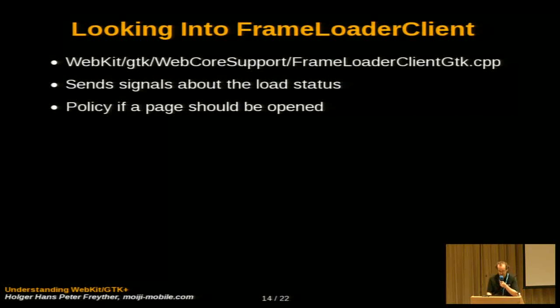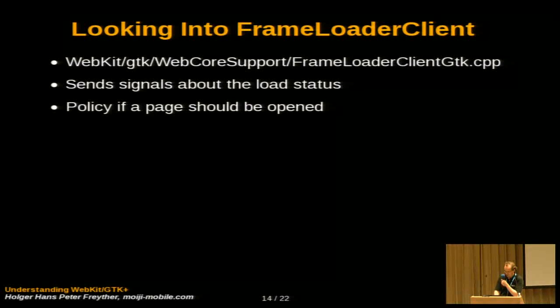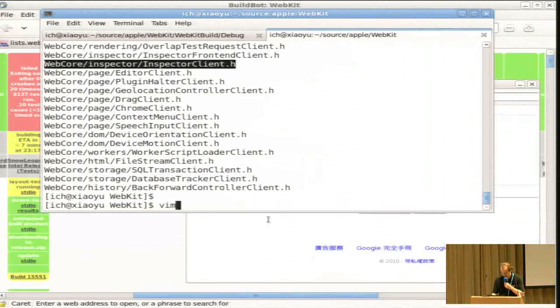So one example to understand how the client really works is to look into the frame loader client, which is called for frame loading. The interface sits inside the WebCore directory.